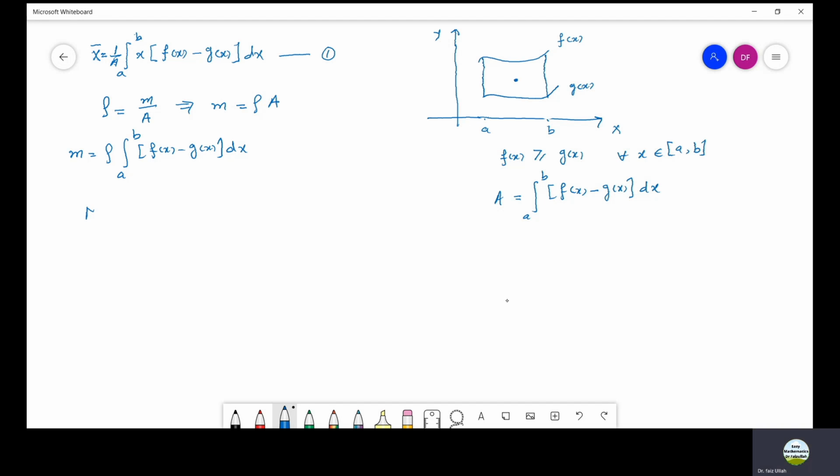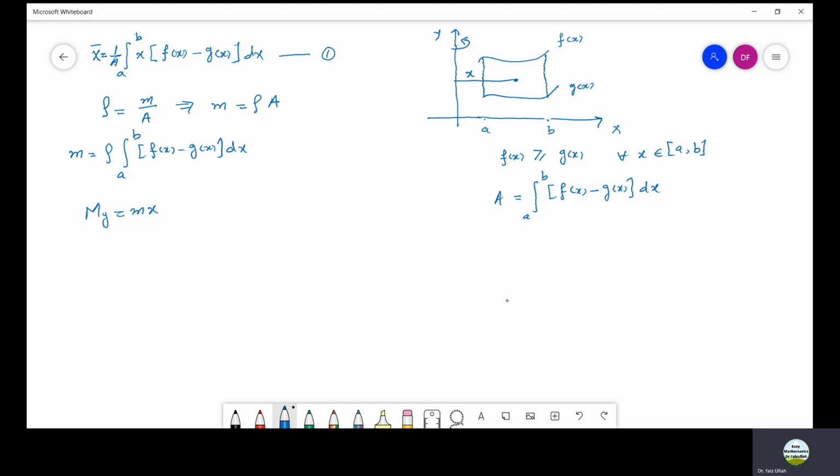Now, the moment about the y-axis is equal to mass into displacement from the y-axis. Look at this figure. Now, the displacement from the y-axis is x.